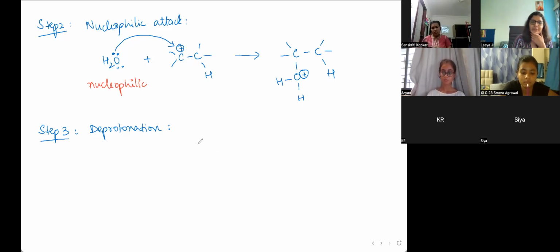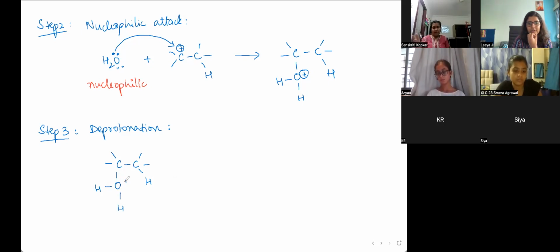Okay. So deprotonation is removal of a proton. Similar to what happened earlier, we have this structure. Oxygen being electronegative will take these electrons back and this is removed as a proton.